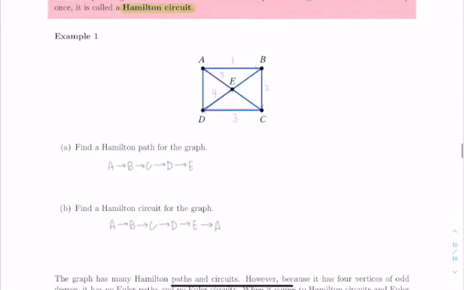This graph has a ton of paths that work, but one of the easiest ones is A to B, B to C, C to D, and D to E. I hit every single vertex only once. I didn't need to use the edges because that doesn't matter here.